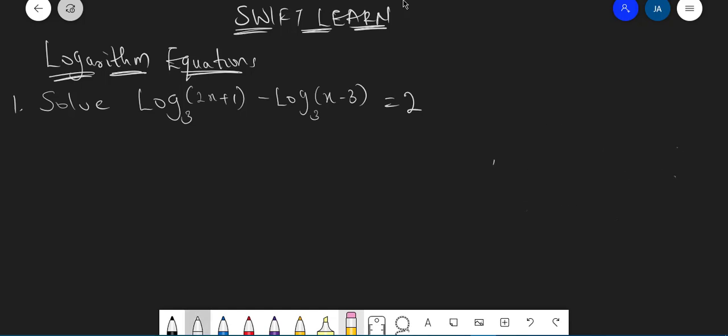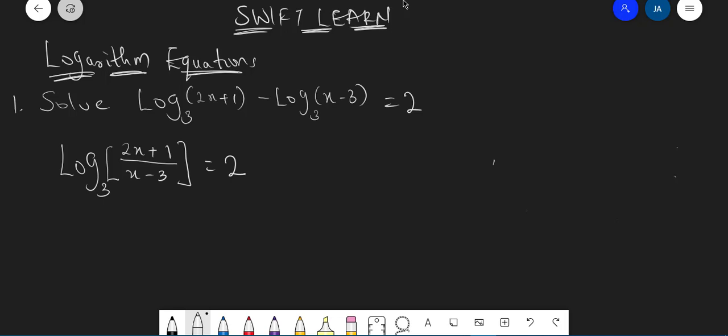Moving on. Now you have minus here. These logs, they are the same base. So I can take a very big log base 3 in bracket. Remember what we said, minus will change to what? Division. So I have (2x plus 1) divided by (x minus 3) all in bracket equals 2. To bring this expression down, this base 3 has to carry the 2.